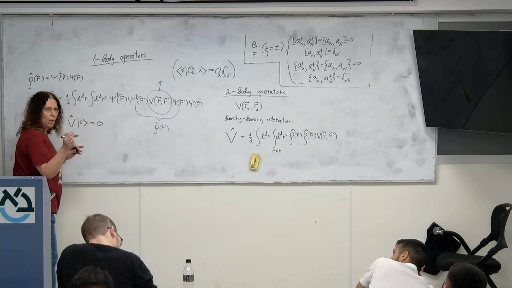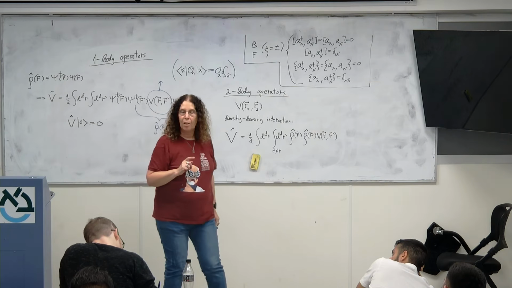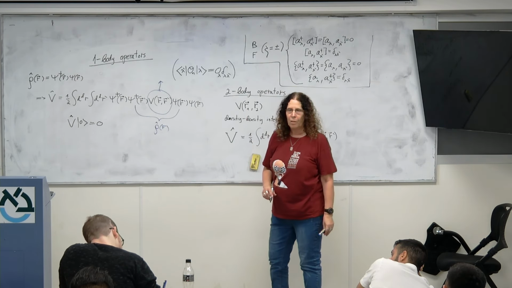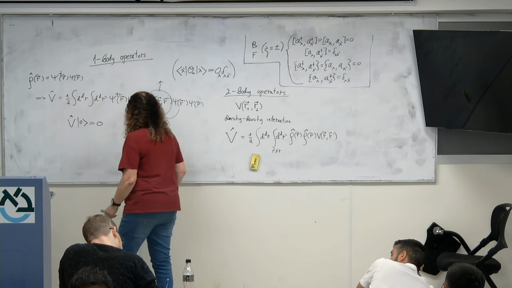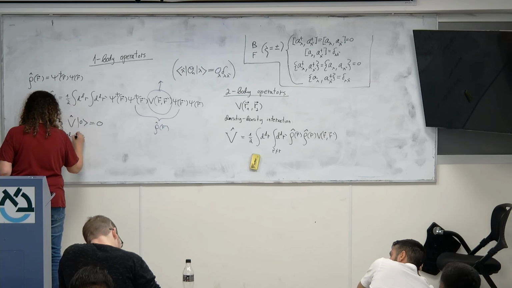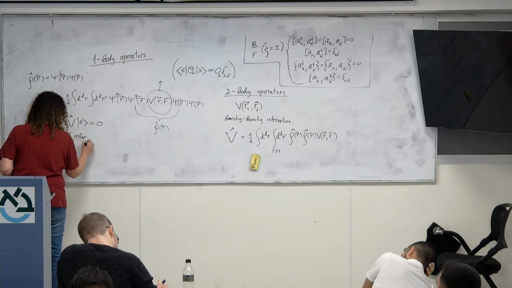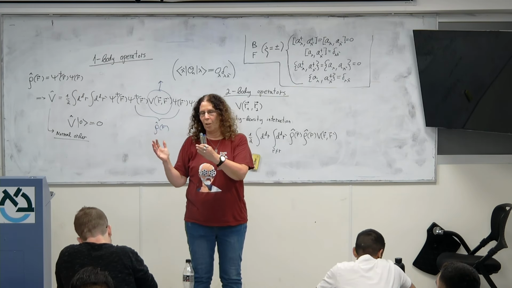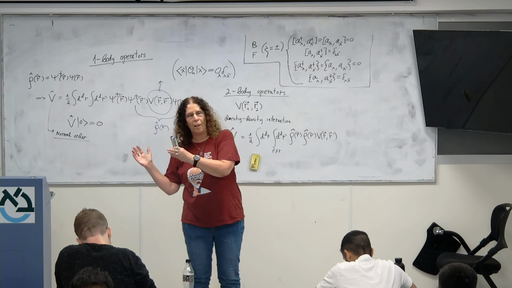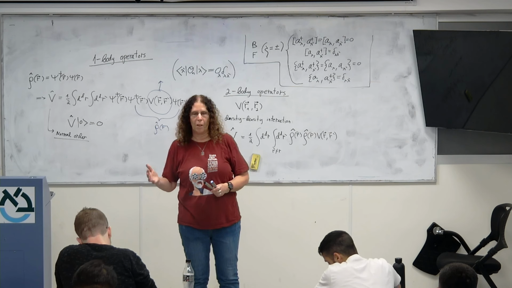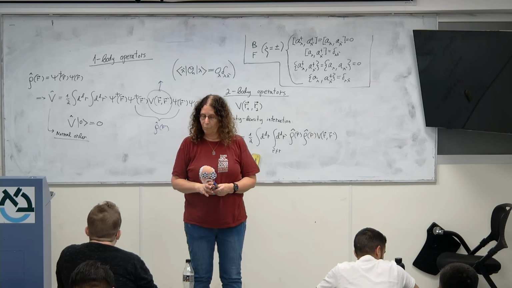This form of writing a two-body operator is called a normal order. We'll come back to it later. Normal order is a way of rearranging the operators so that all the annihilation operators are on the right. Therefore, it doesn't have a vacuum expectation value.